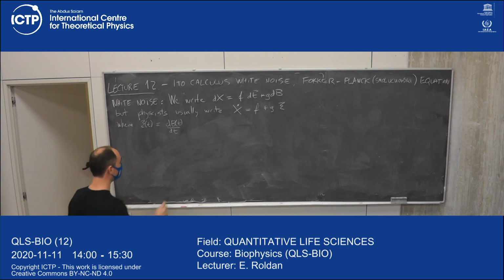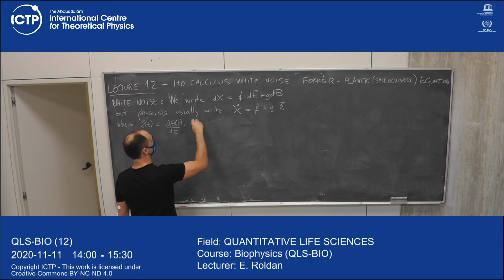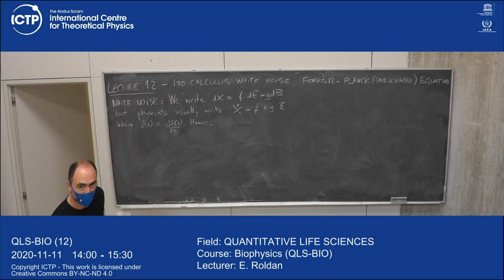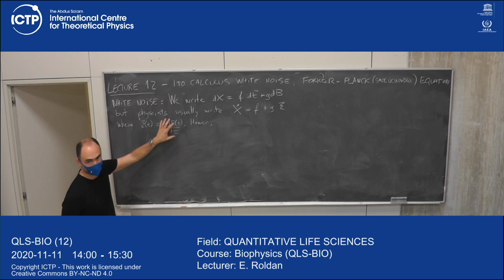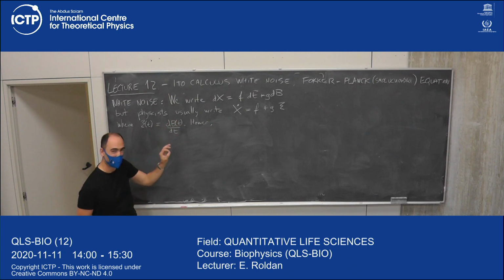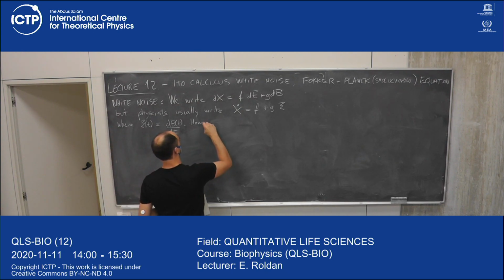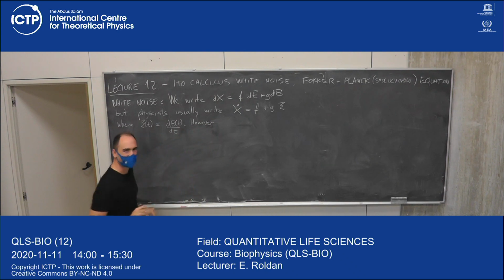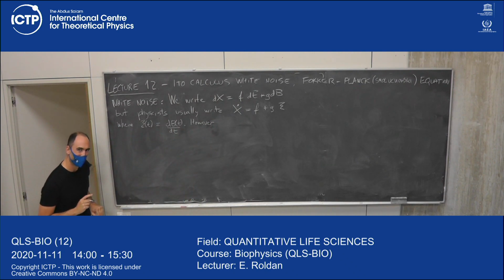However, you should be thinking about what this is. This is dB, so dB/dt is how much B changes in a differential time interval, divided by dt. You must think about whether this exists or not. The reality is that this object doesn't exist.